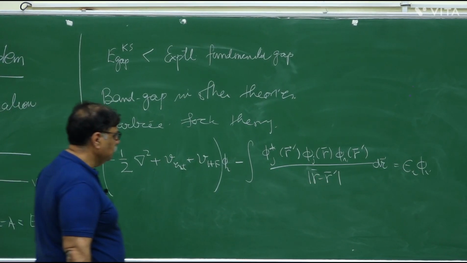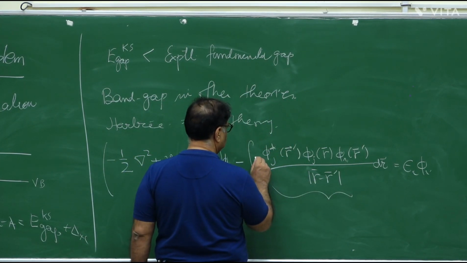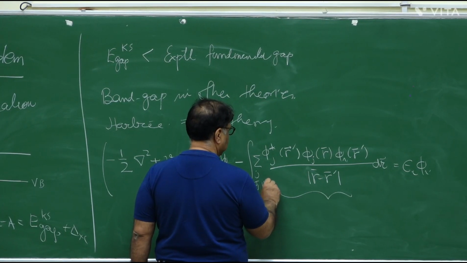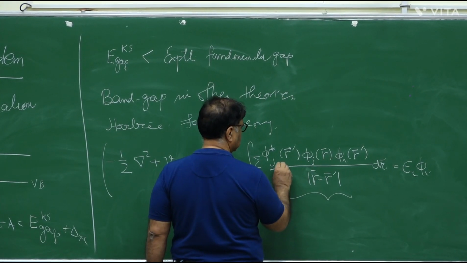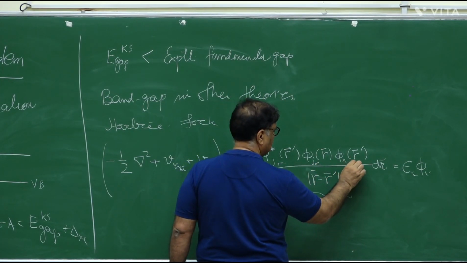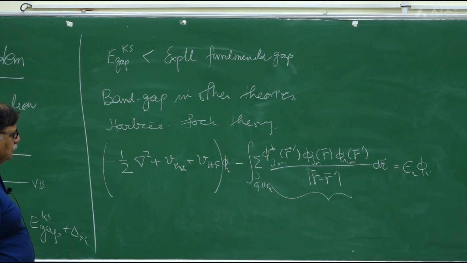Let's look at this term. And this is summed over j, sigma j parallel to sigma i. Actually, there is sigma also, so this is all sigma. Is that okay?